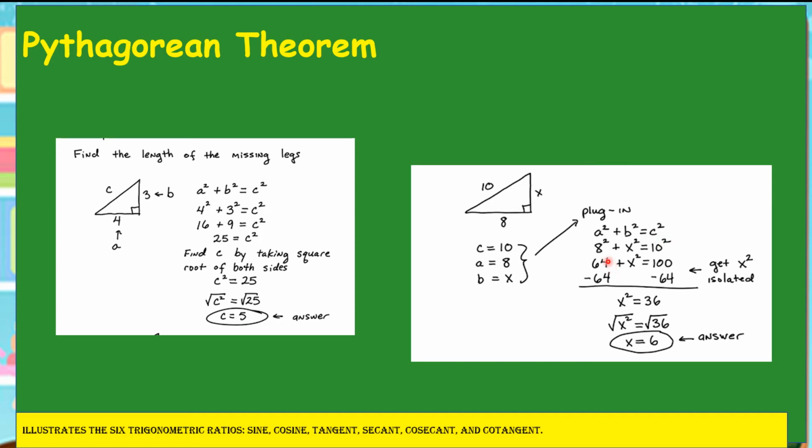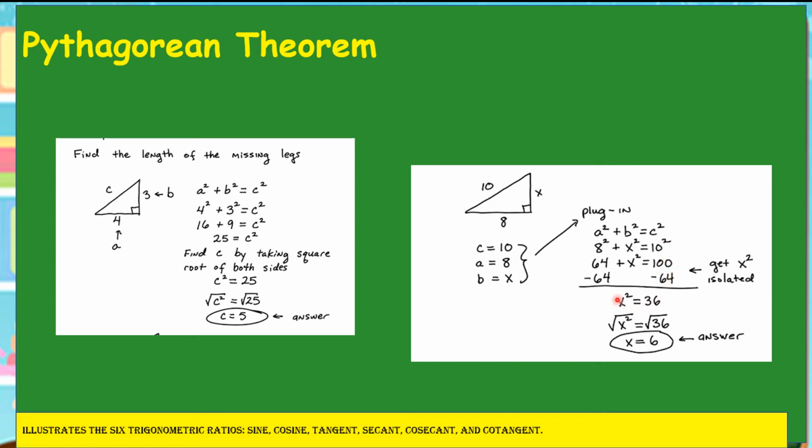Substituting, 8 squared plus x squared is equal to 10 squared. Then 8 squared is 64, x squared stays x squared, and 10 squared is 100.